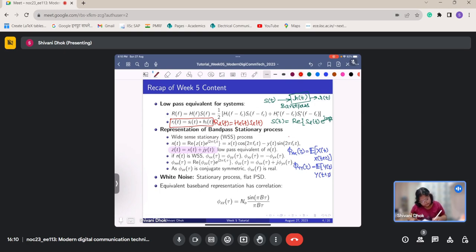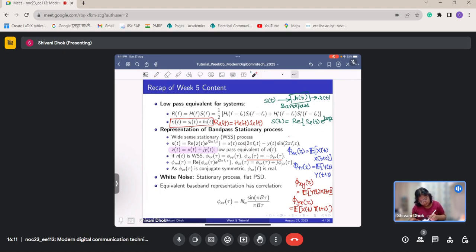The next thing that was seen was something like this: phi_xy(tau) is equal to minus phi_yx(tau). So this phi_xy(tau) is simply the expectation of x(t) into y(t plus tau), and phi_yx(tau) is equal to the expectation of y(t) into x(t plus tau).